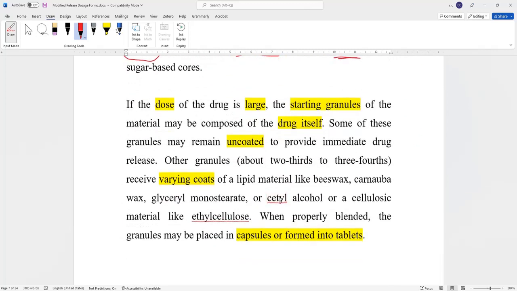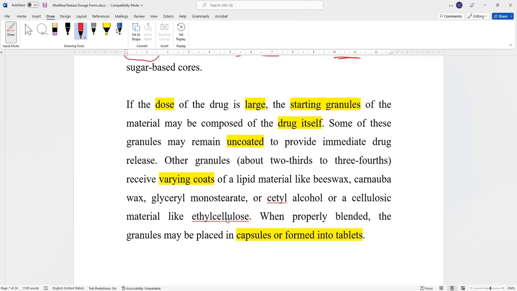طيب, we can do it also with granules. So we can form granules, and you remember how granules are formed. If the drug needs to be in a large dose, then we cannot just take granules from excipients and coat them.